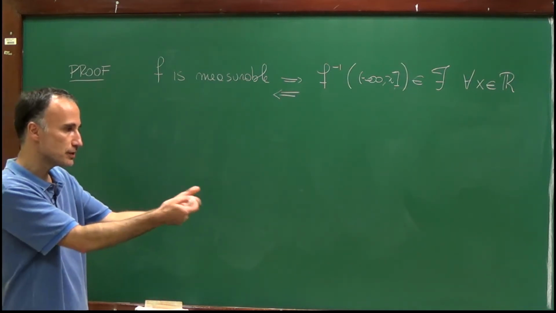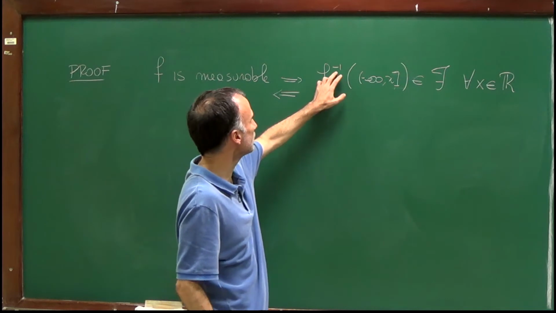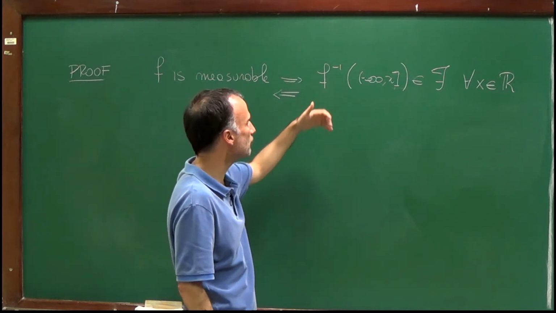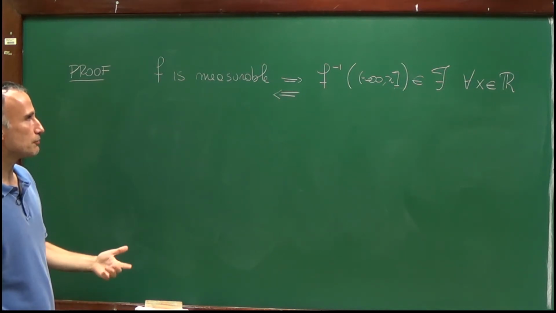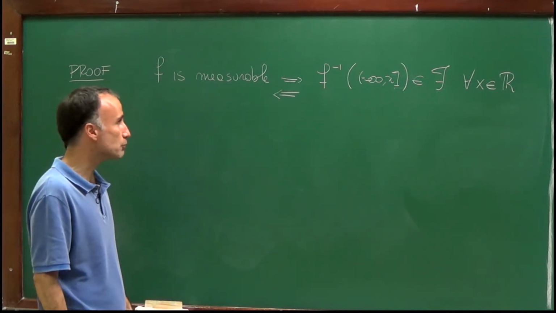So we cannot just take a set, take its inverse image by f, and try to prove that this inverse image belongs to F. We have to proceed in a different way.